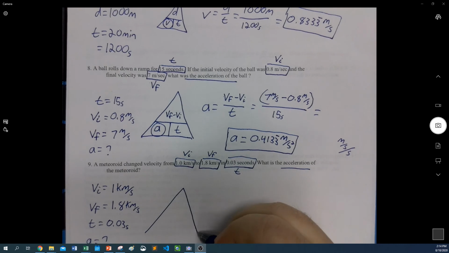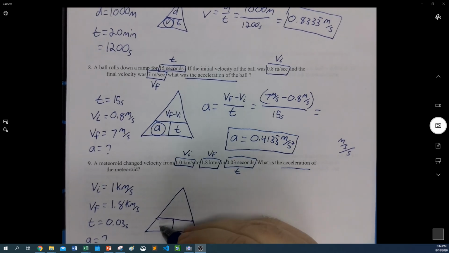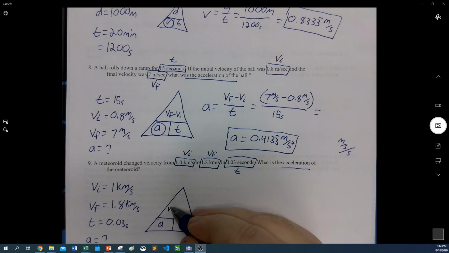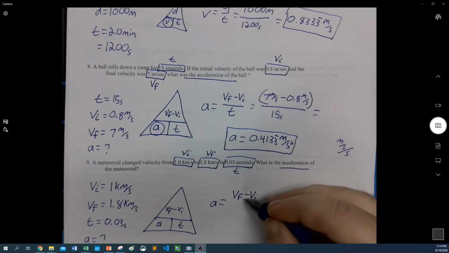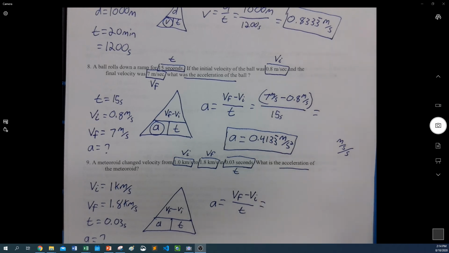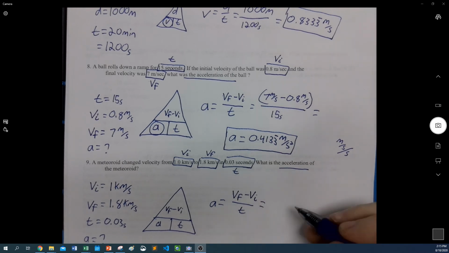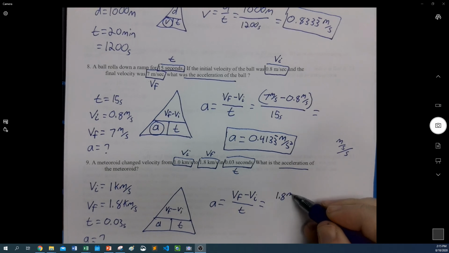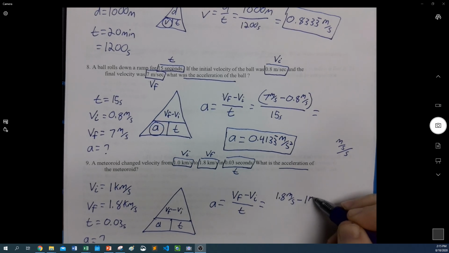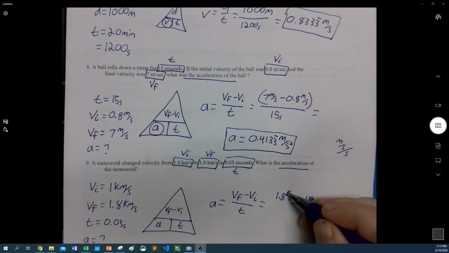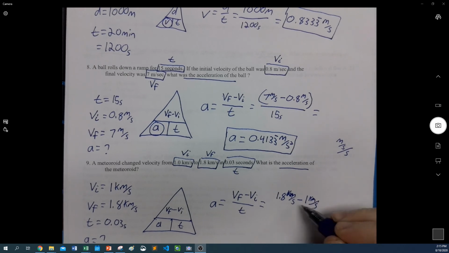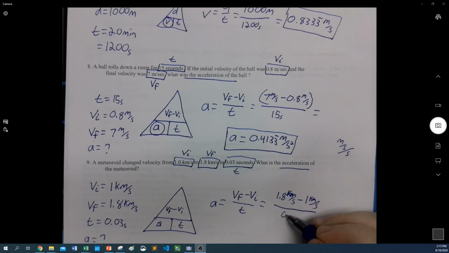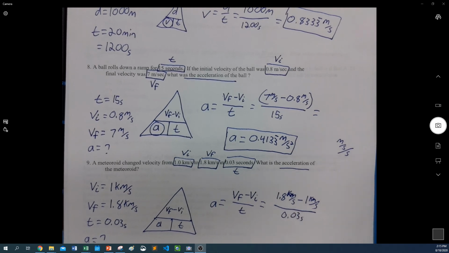So for acceleration, we use this. Acceleration is equal to Vf minus Vi divided by T. So plugging in the numbers, 1.8 kilometers per second minus 1 kilometer per second, divided by 0.03 seconds.